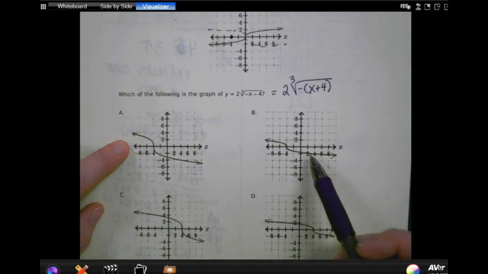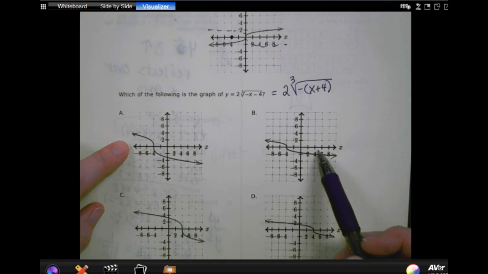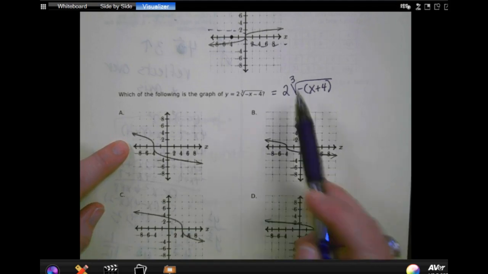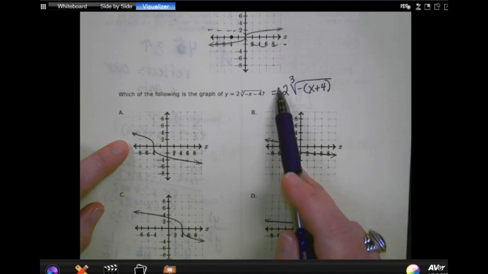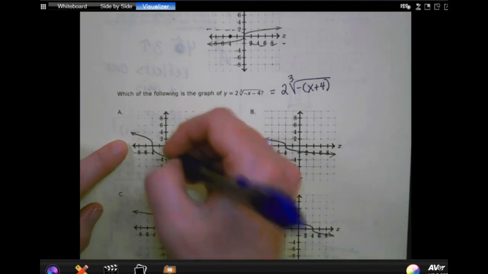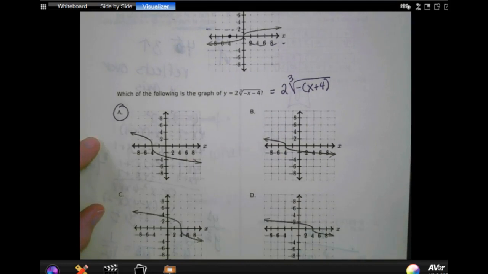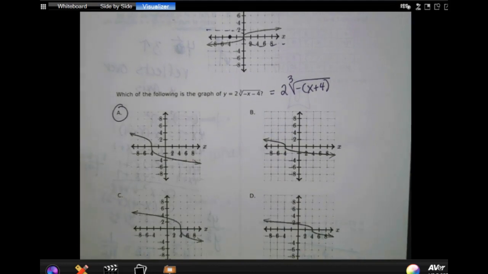So you have two choices that go through negative 4. I have A and B. So which one would it be? Why would it be A? Because the 2 in front, the point wouldn't be 1, 1. It has to be A. All right.